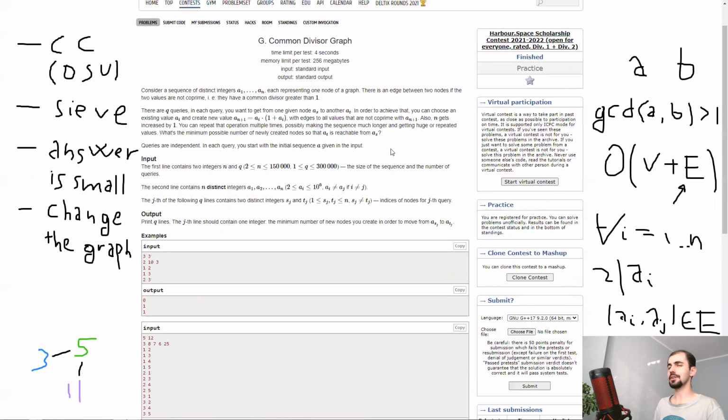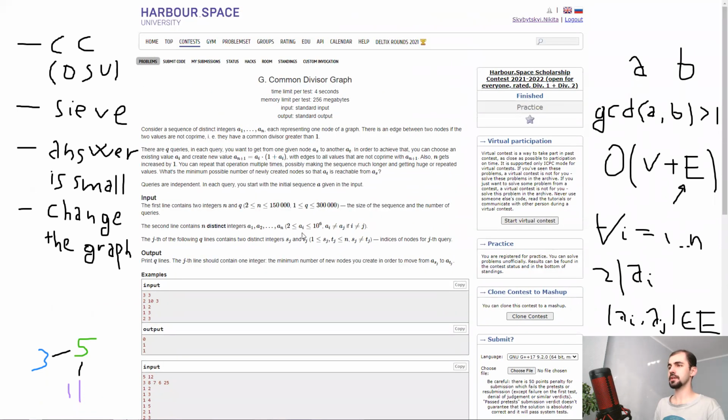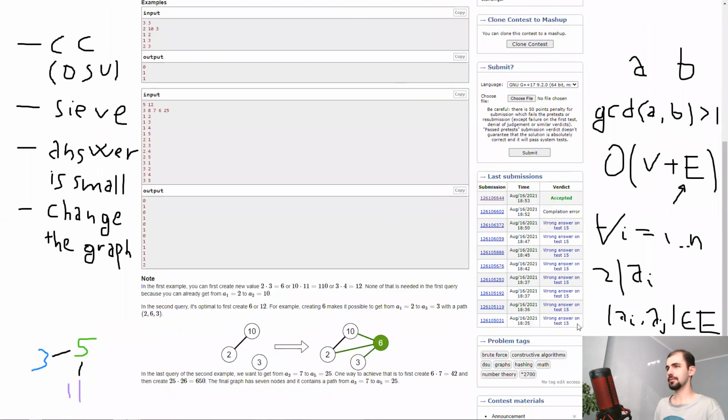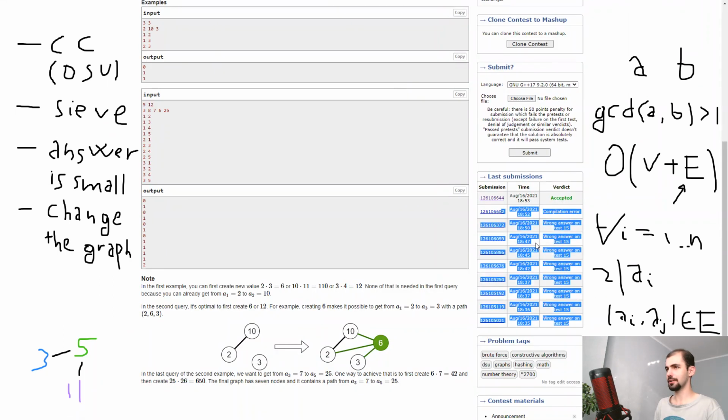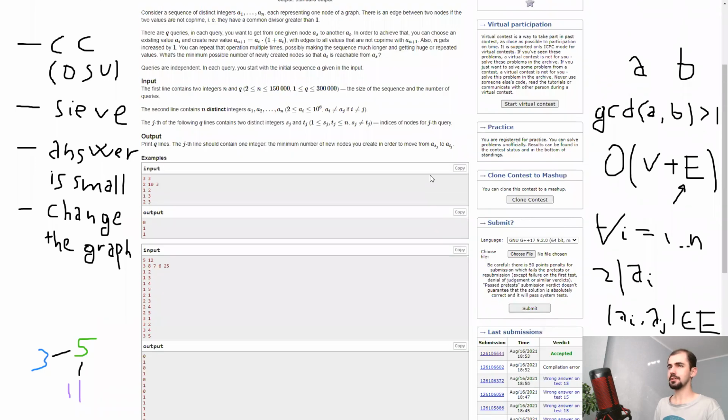So now we want to understand which edges specifically we can add at the cost of 1. And here I was wrong for quite a long time. So it turns out that obviously you can add edges between all factors of AI and all factors of AI plus 1 at the cost of 1. So I will factor this, I will factor this.